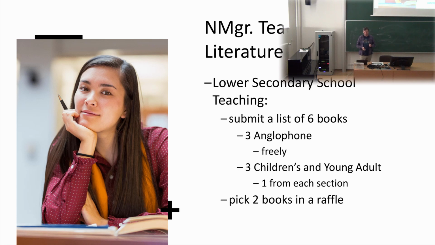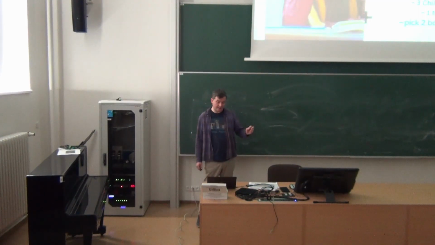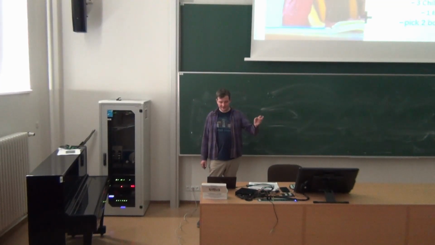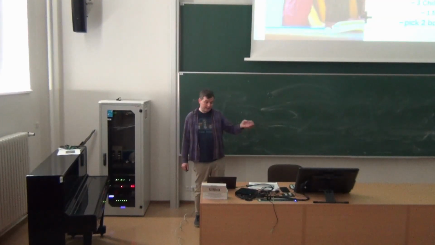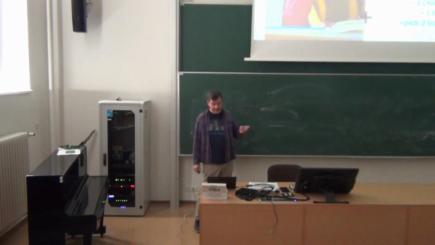So let's now move on and discuss the upper and lower secondary school teaching, which is actually the majority of the master's programs with a few exceptions. Here you have to submit, before sitting down to prepare for your state exam, a list of 9 books, of which 3 should come from the American and British literature list, 3 from the Anglophone literatures list, and 3 from the children's and the young adult list.